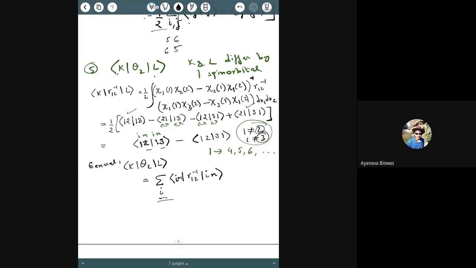So let's say I have a three electron system. So this we've done for a 2 electron. Let's say I have a 3 electron system. Then I have electron 1, 2, 3. No, wait. If I use 1, 2, and 3, it will get confusing.